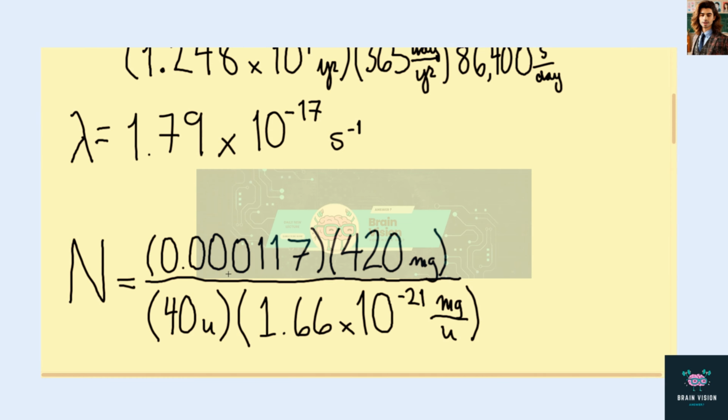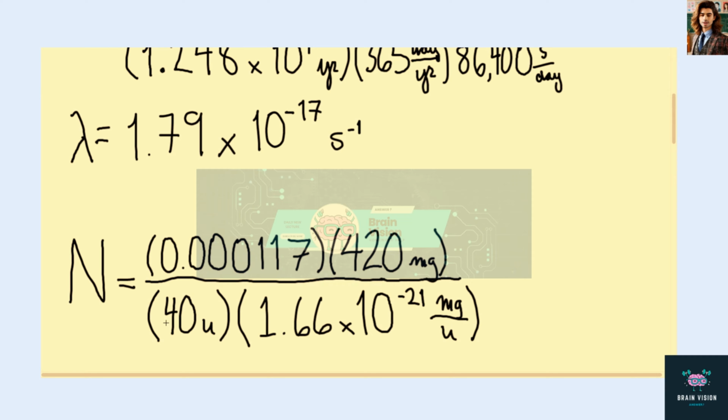So in order to have a fraction of that, we move the decimal point over to the left 2 decimal places. We multiply that by the amount of total potassium we have in our sample, which is 420 milligrams. This numerator is the amount of potassium 40 in milligrams.